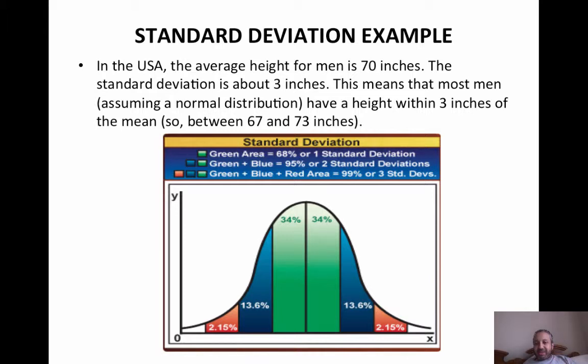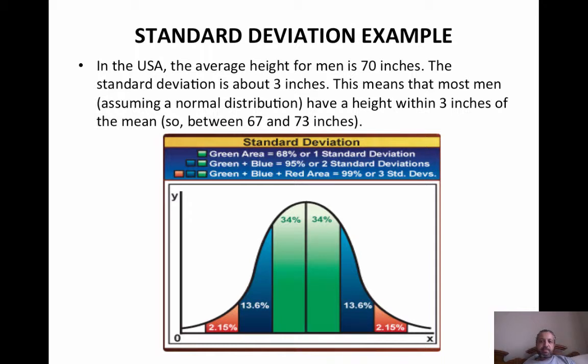So that means, if you can do the math, a total of 68% of men, 34 plus 34, are within one standard deviation either to the right or to the left of the mean. What does that mean in practical terms? It means that 68% of the men are relatively close to the average height of 70 inches.